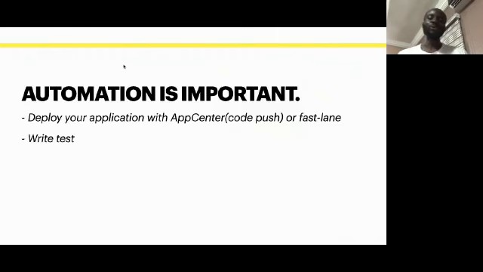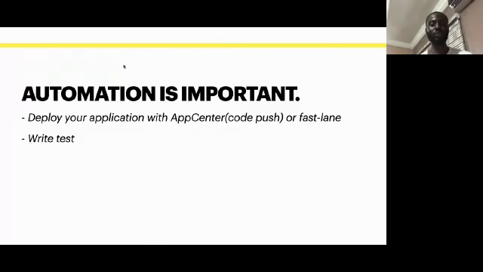Another thing you would also want to do is employ a little bit of automation. React Native apps are so easy to write these days that they can get really big in a little amount of time. You could be working on a very simple application, and in a matter of two weeks you find out that this little application has turned into something so big that it becomes overwhelming.